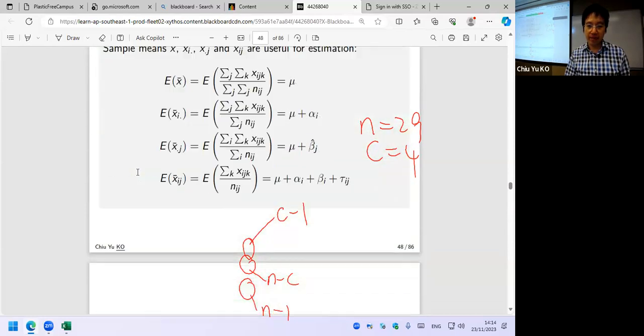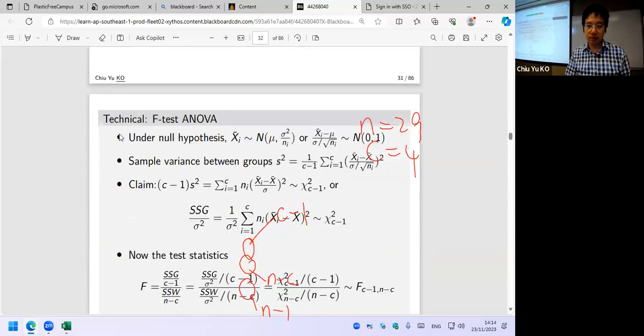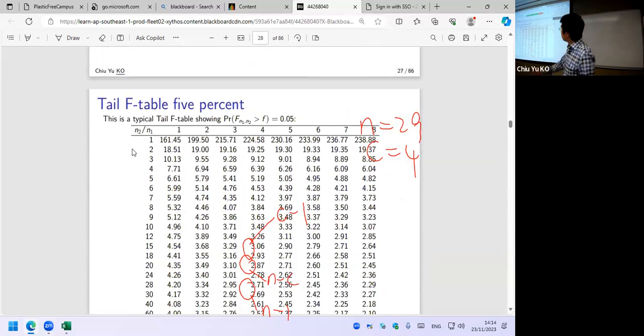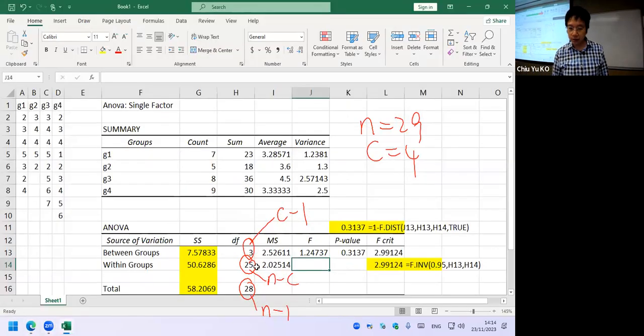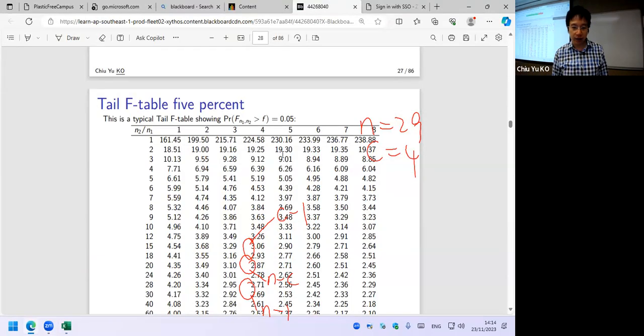The F table is here. So this is the table at 5%. And C minus 1 is the degree of freedom, which is 3.25. Then it's somewhere here.